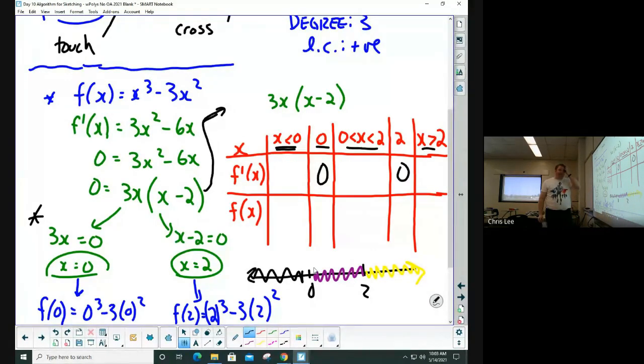So again, you imagine a number less than 0, pick something that's easy. I'm going to choose -1. When I put -1 into this part, 3 times -1 is going to be negative. And when I put -1 in this part, it subtracts 2, I get further negative. So it's going to be a negative times a negative, which is going to be positive, which means my original graph must be going up.